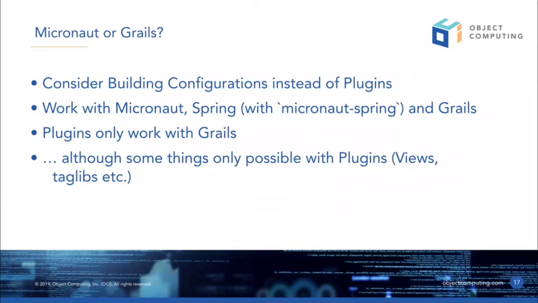One of them is views. If you have GSPs in your plugin, Micronaut doesn't support GSPs, so you couldn't have those. Same thing with tag libs or JSON views, right? So there are some things that can only really live in a plugin, but most things can be just a regular Micronaut configuration.